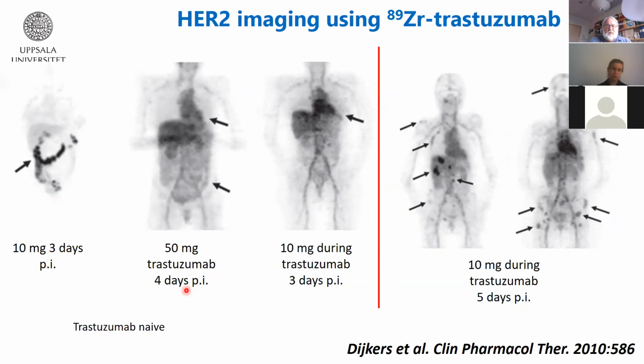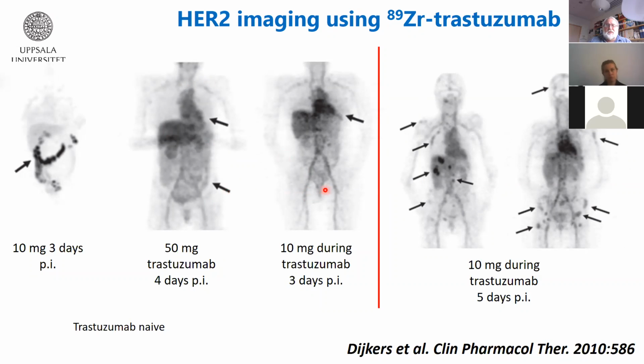However, if you inject 5 times more, there will be uptake in the liver, but activity will be distributed throughout the body, and there would be a chance to target and image the cancer cells.